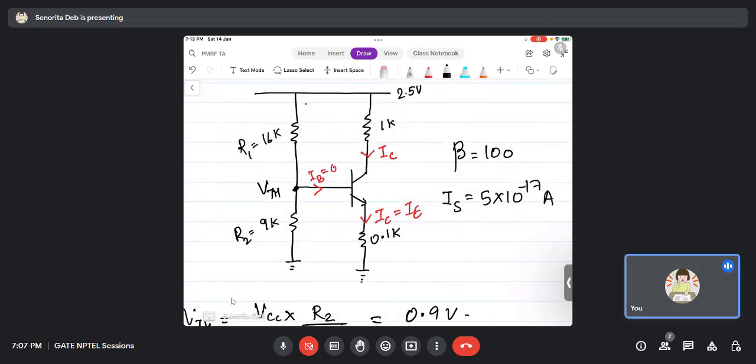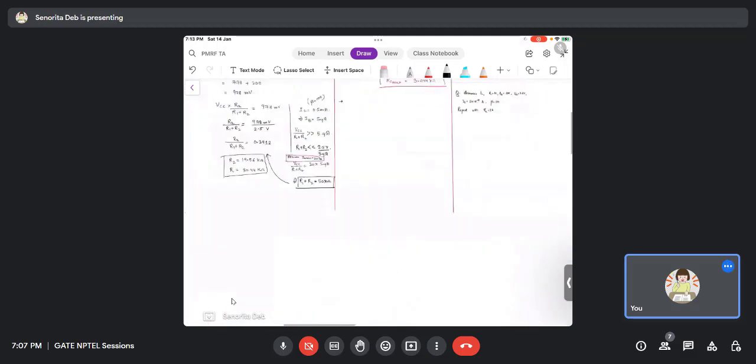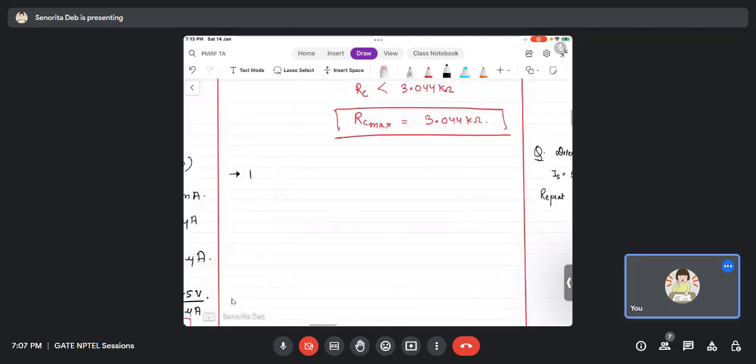Now, what is the condition that makes I main high? When will I main be high? When these resistors R1 plus R2 are low. That will make sure that the entire current flows from here and does not go inside the transistor.